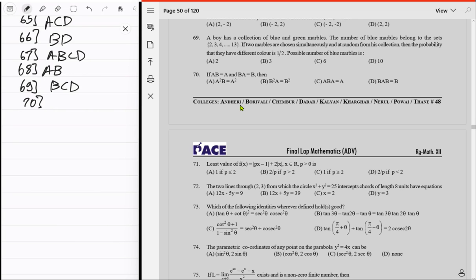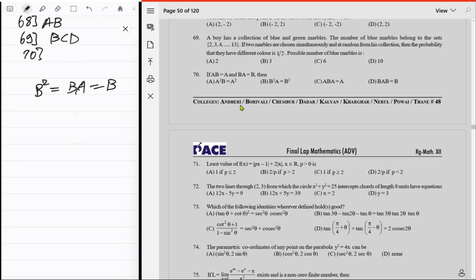I don't know, what can we do? It's like BA, right? So just B squared is equal to BA, which happens to be B. So B squared is equal to B, and similarly A squared equals A. So these are things that you know.